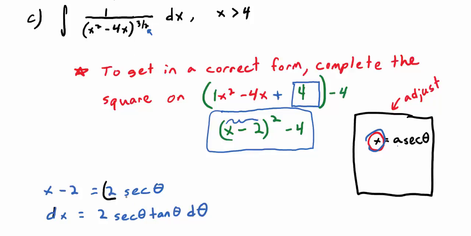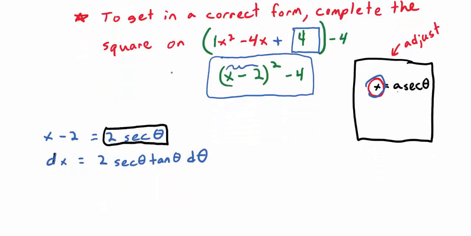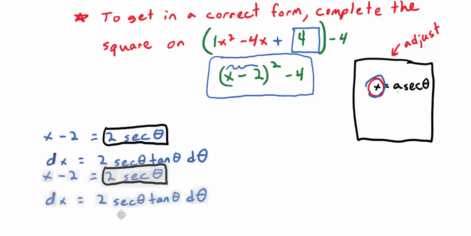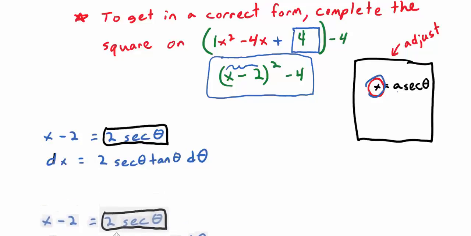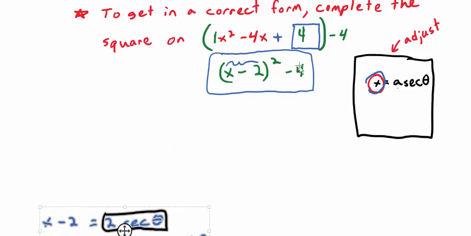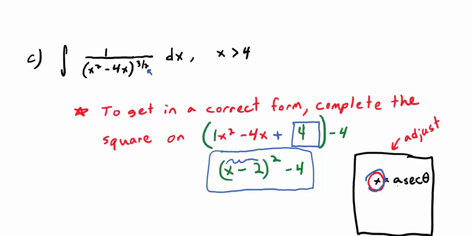Okay, so here we go. Oh, you know what I probably should have done, just to make it very clear in the notes? I should have rewritten the original integral with the completed square form of that denominator.